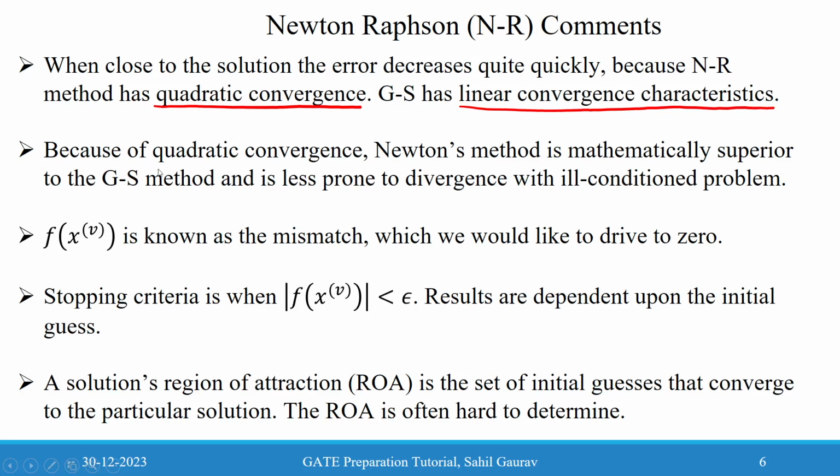Because of this quadratic convergence, the Newton-Raphson method is mathematically superior to the Gauss-Seidel method and is less prone to divergence with ill-conditioned problems. If the system is large, the Newton-Raphson method is less prone to divergence in comparison to the Gauss-Seidel method.